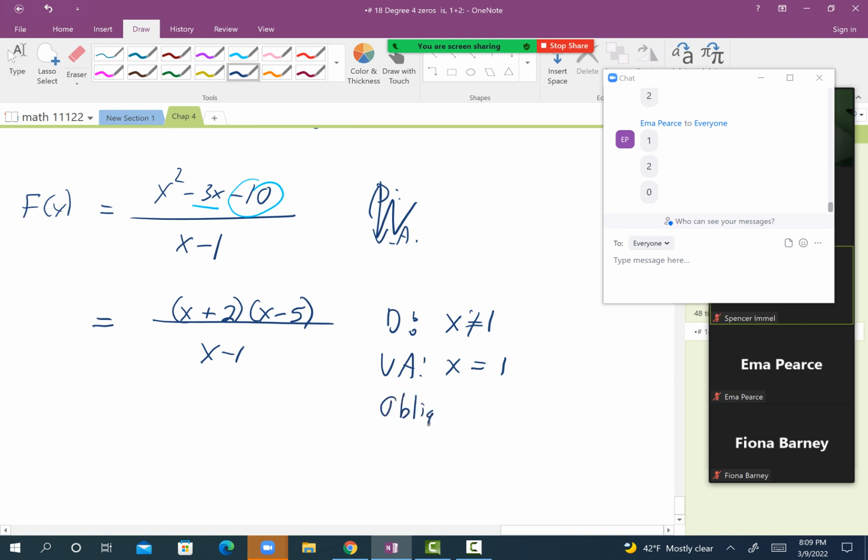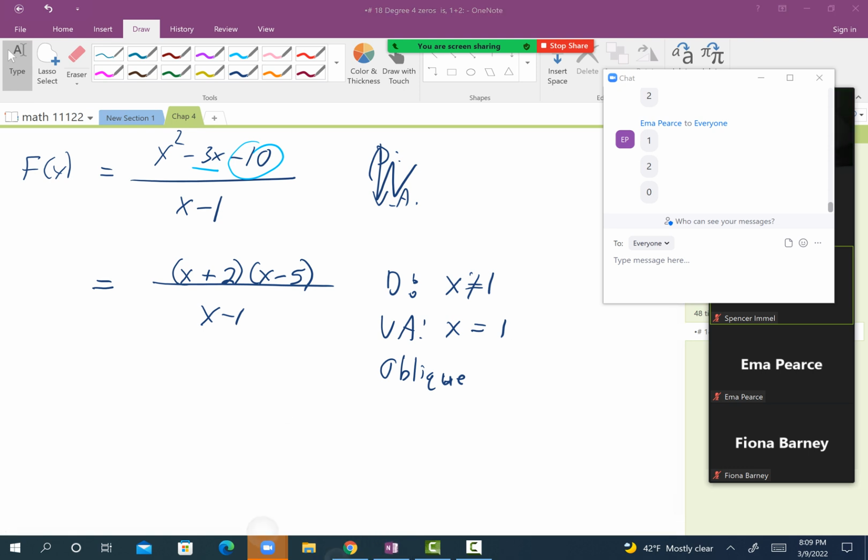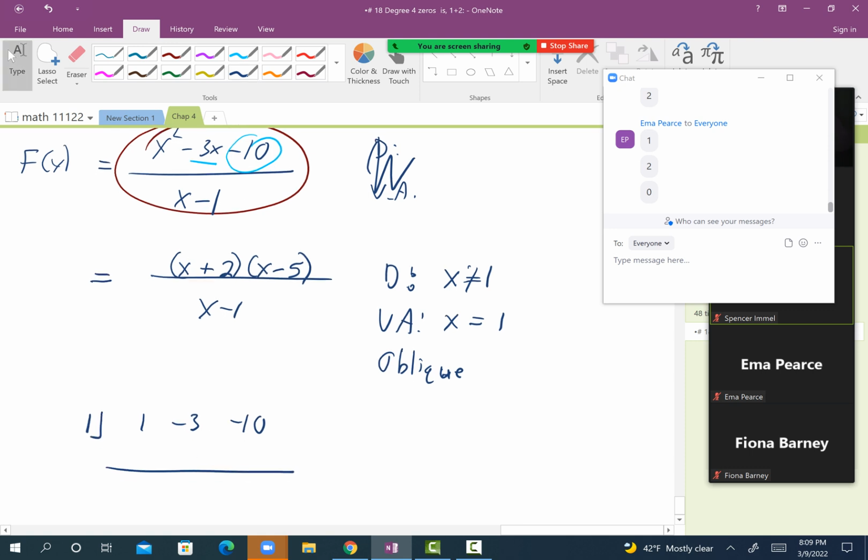Now, I pulled this one in for a reason. We've said that they're oblique, but we never said how do we find it. What if we want to find that oblique? Well, let's do this. I'm going to take this thing and divide it, using synthetic division. So 1, -3, -10, and I'm going to divide by 1, just like I would have before, if that was an x minus 1, I divide by 1, the opposite. 1, 1, -2, -2, -12.